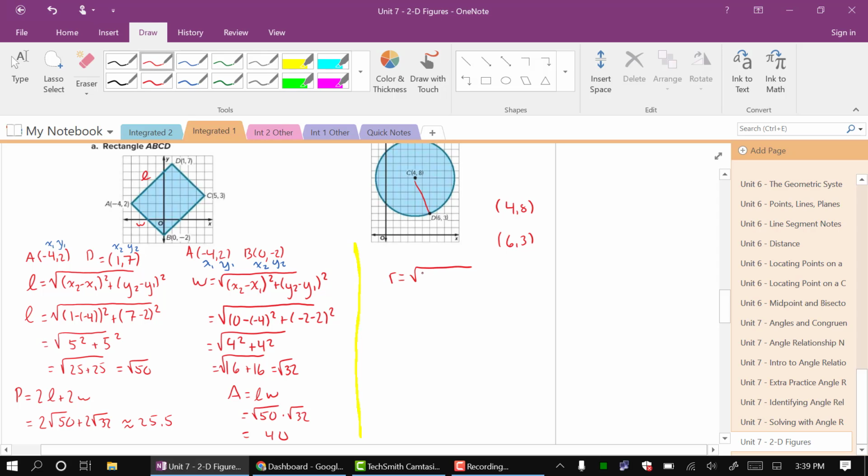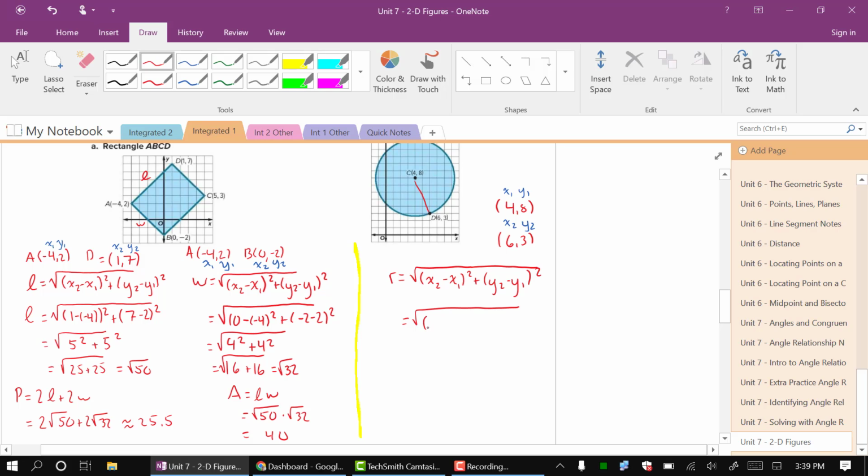Again, we're using the distance formula: the square root of (x2 minus x1) squared plus (y2 minus y1) squared. When we plug in our values, this is my x1, y1, x2, y2.